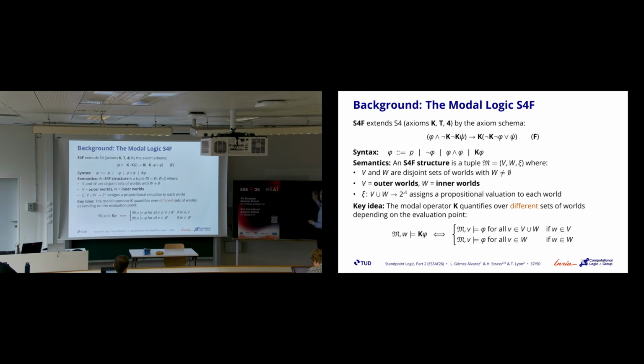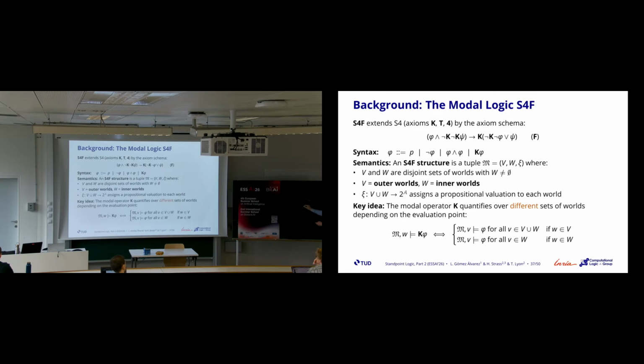Right? And so what the intention is, is, so we have this psi that assigns a propositional valuation to each world, just like in a Kripke structure. And then the idea is that our outer worlds can see the inner worlds, right? So any outer world can see not only every outer world, but also every inner world.